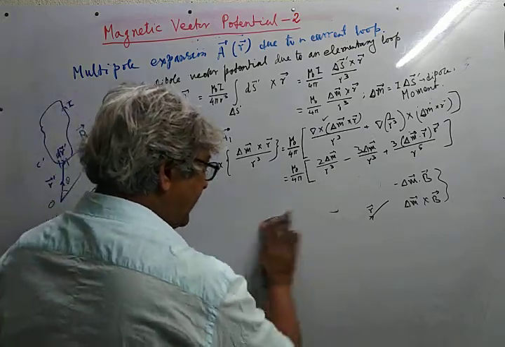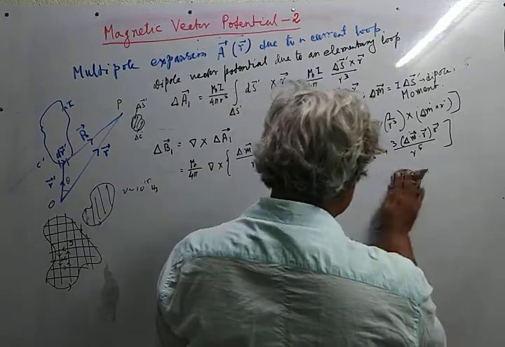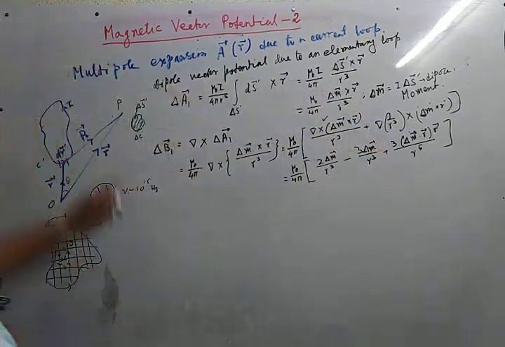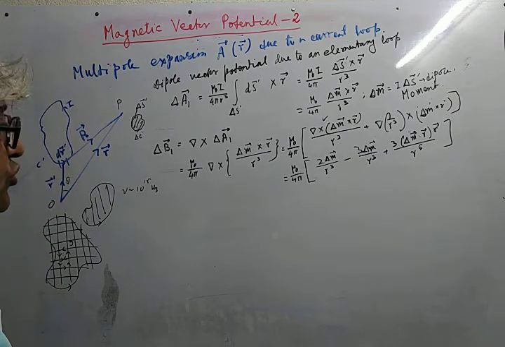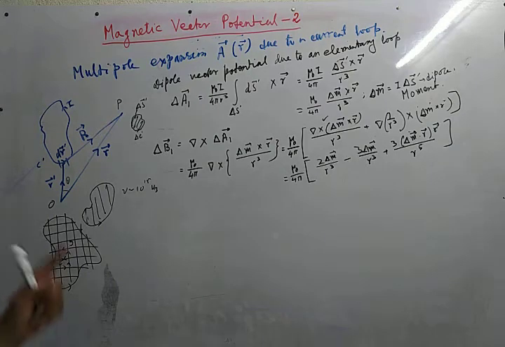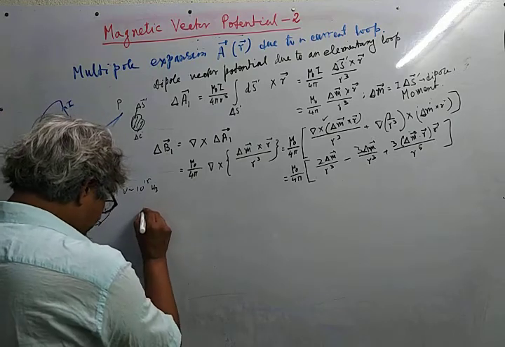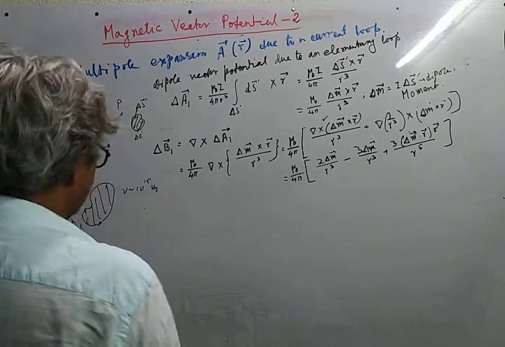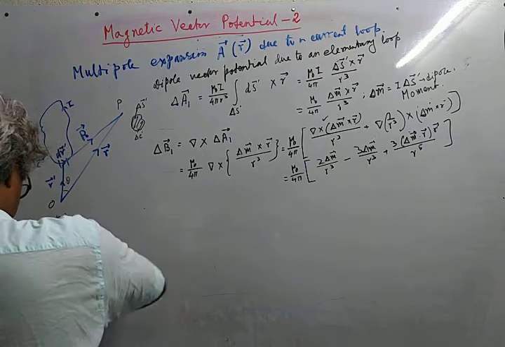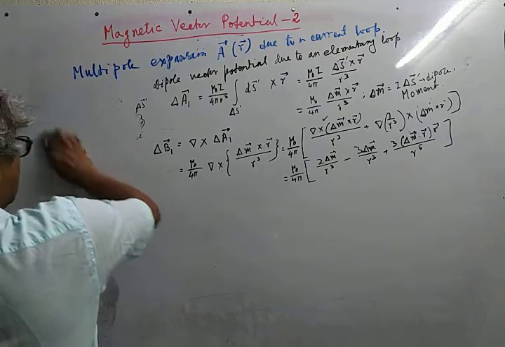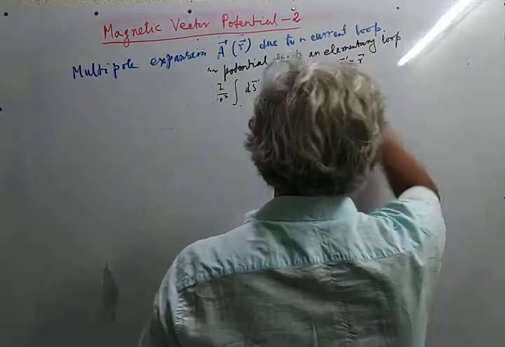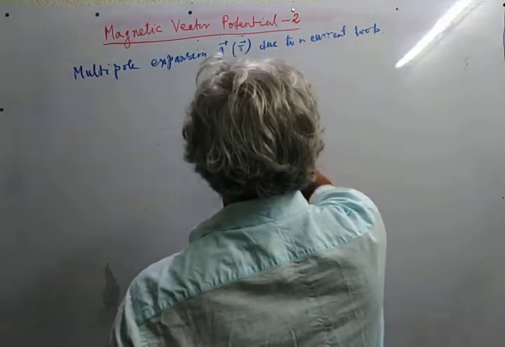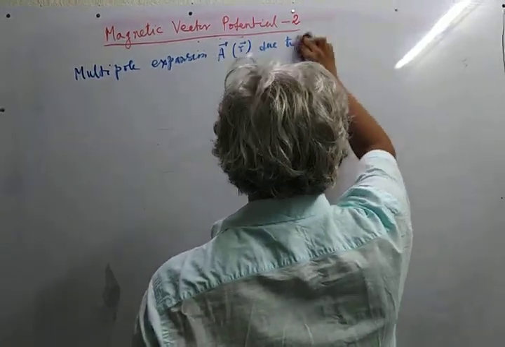One thing may be of interest: what happens to the multipole expansion of A when we use a volume distribution of current instead of a current loop. For a volume distribution, let me write the multipole expansion due to a volume distribution of current.